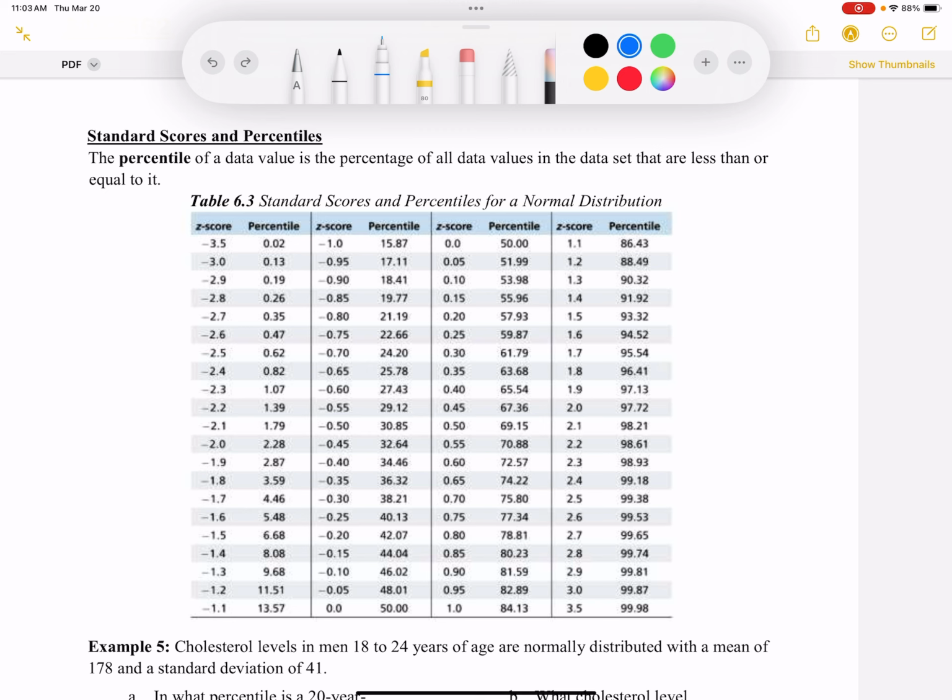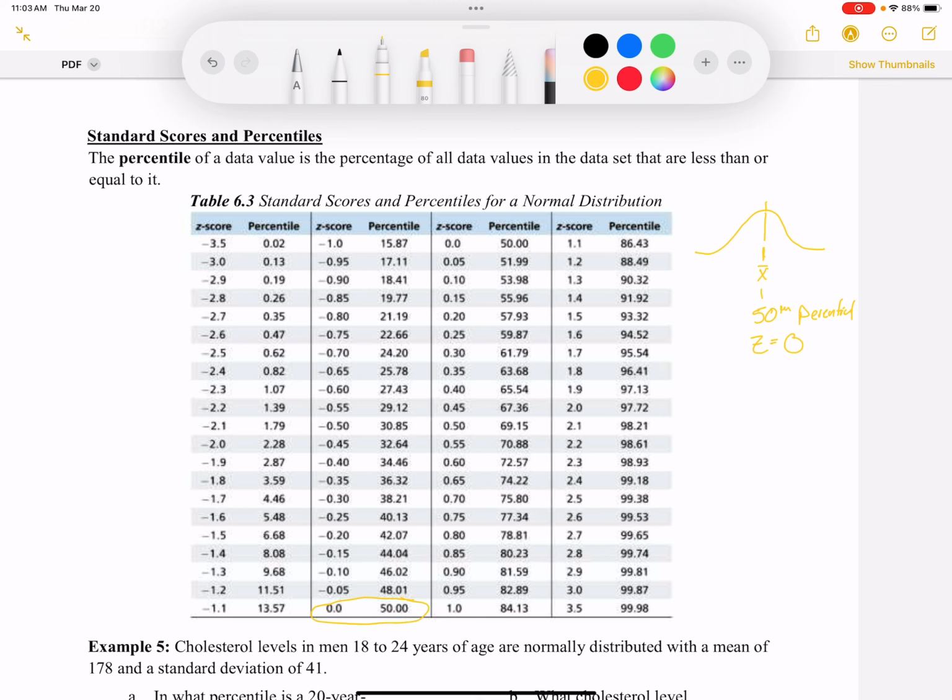If you're thinking about the normal curve, right here at the mean, the mean is the 50th percentile. So what would be the z-score for the mean? The z-score for the mean would be 0 because that's how far away you are from the mean.